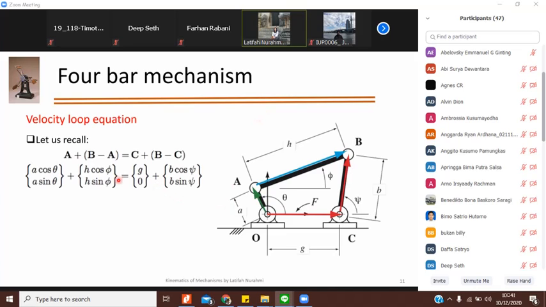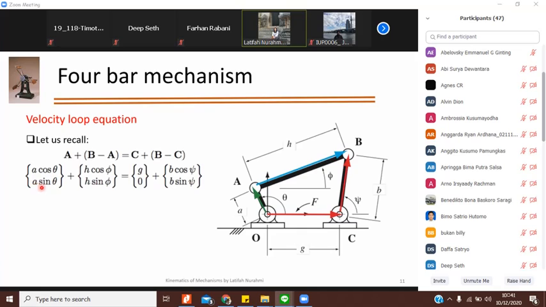You remember this one, so we find the vector A. Vector A is decomposed into the x component and the y component. You need to understand why we have to put it this way: this four-bar linkage or mechanism is on the x-y plane, so that's why you define it as an x component and y component.